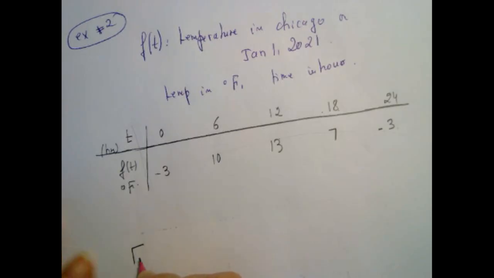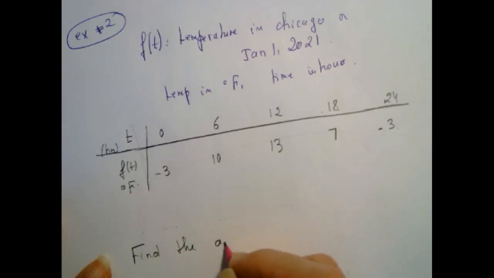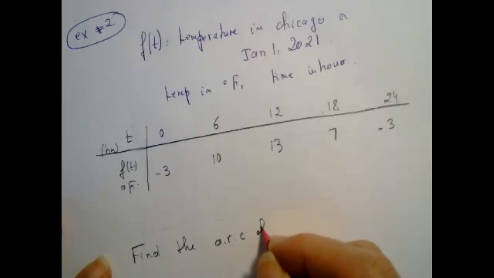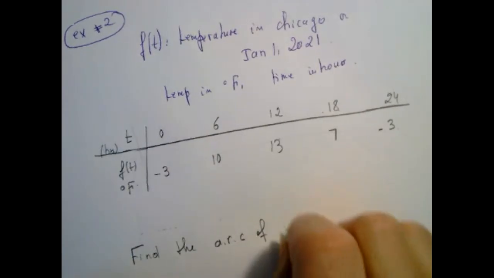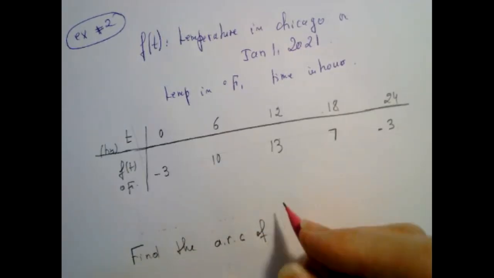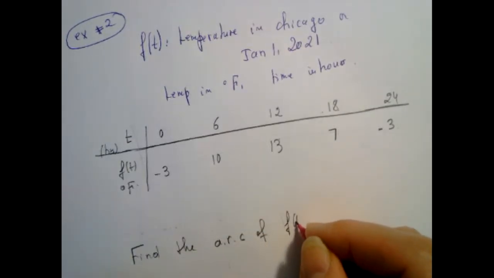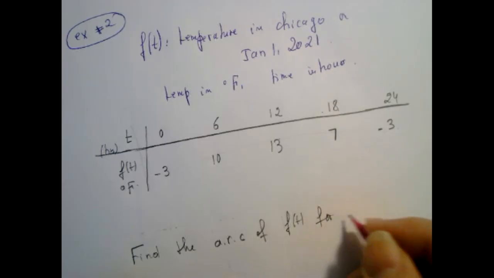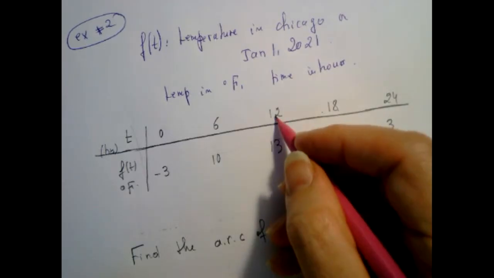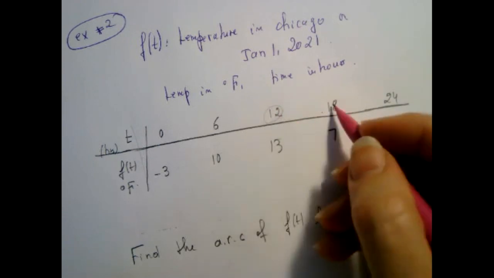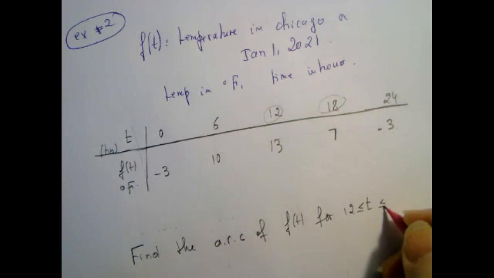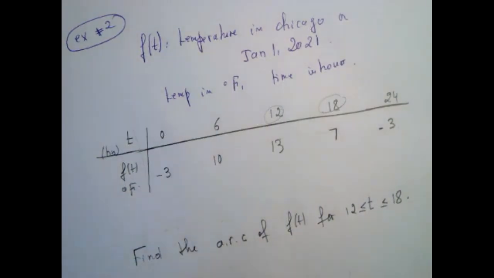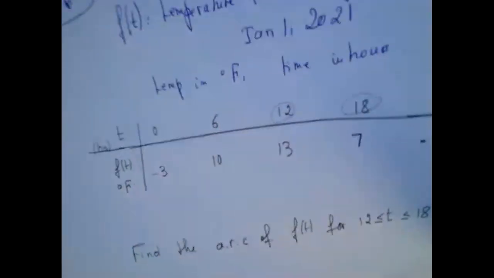Find the average rate of change of the temperature, meaning of the function f, because f is the temperature, for t between 12 in the afternoon and 6 p.m. On average, how was the temperature changing? And then give the unit with your answer.